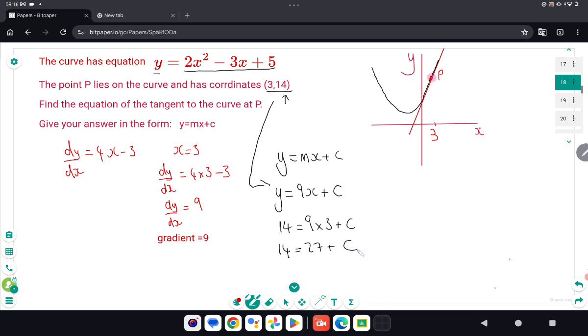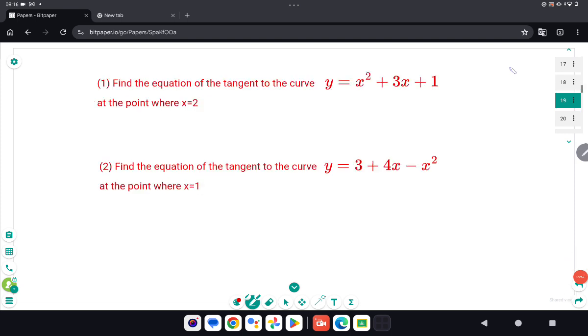We need to make c the subject here, so let's take 27 off both sides. c is minus 13, so the equation of our tangent is y equals 9x minus 13.